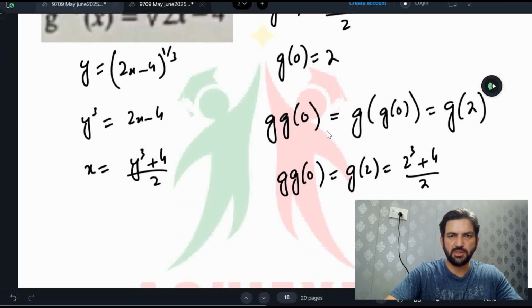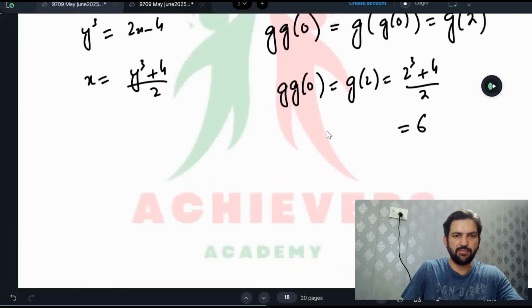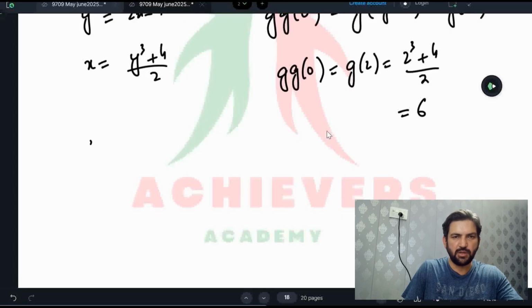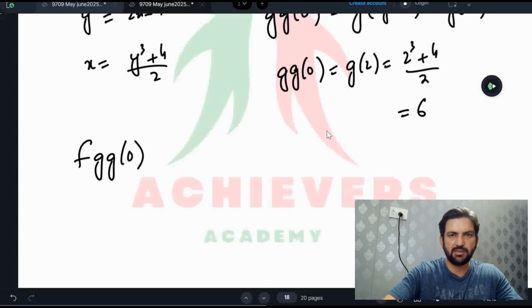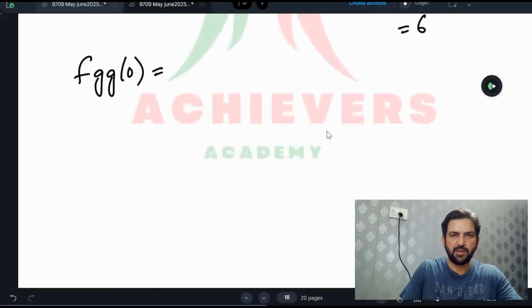Now in the question it was fg of 0. So we know that fg of 0 is equal to, it is given that this thing is equal to 96. So first of all we can say that this means f of 6.